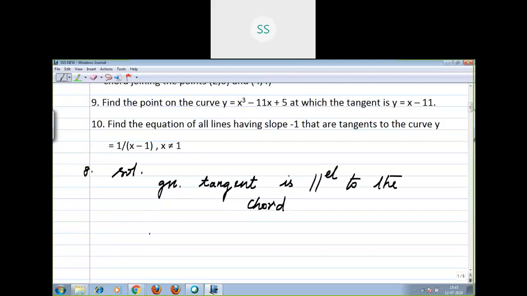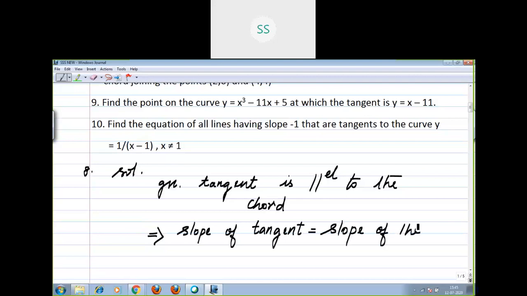Which implies slope of the tangent is equal to slope of the chord.